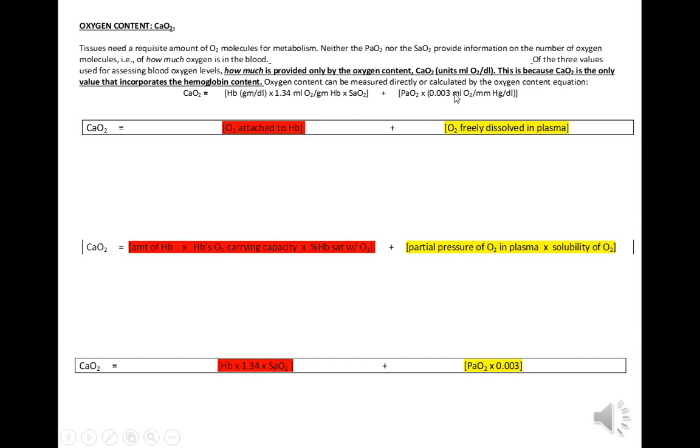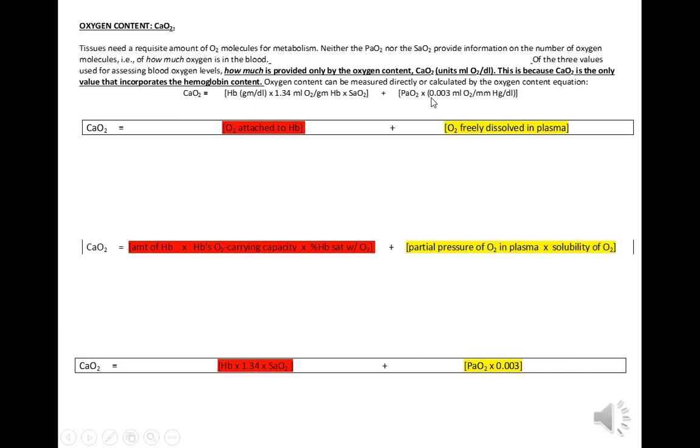And then you do the other side of the equation. And you'll take the PO2 or PaO2, that's exactly the same thing. And that's a whole number because it's millimeters of mercury. So hopefully that's above 60 or at least above 55. And then you multiply the solubility coefficient of oxygen in 1 deciliter of blood. That's milliliters per deciliter. So that solubility coefficient is a very small number, but you have to know it.